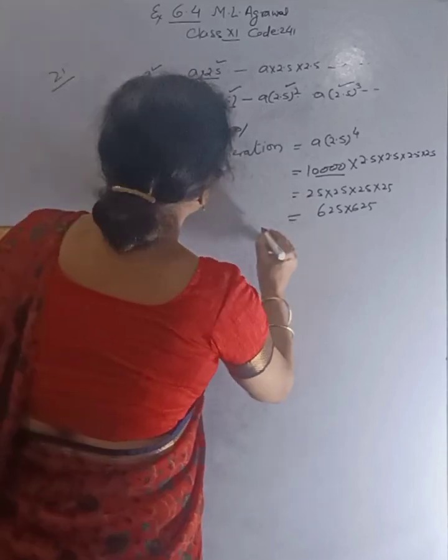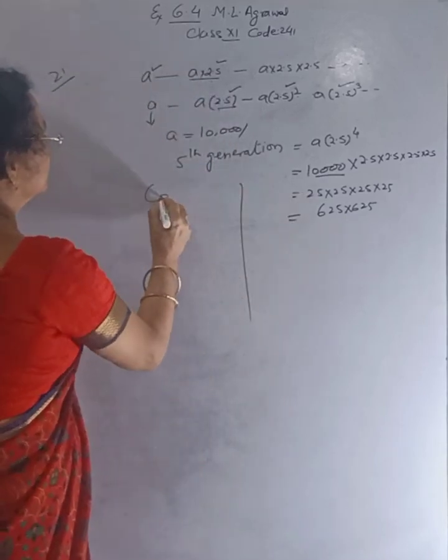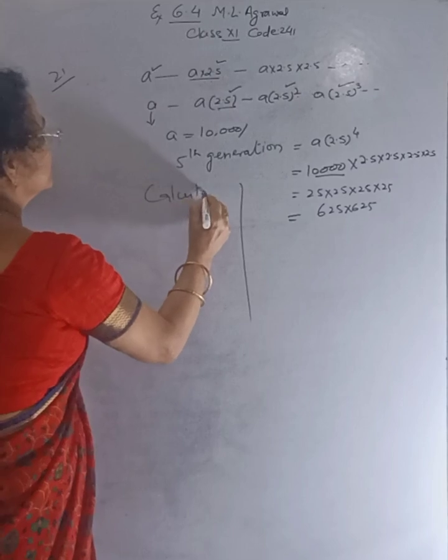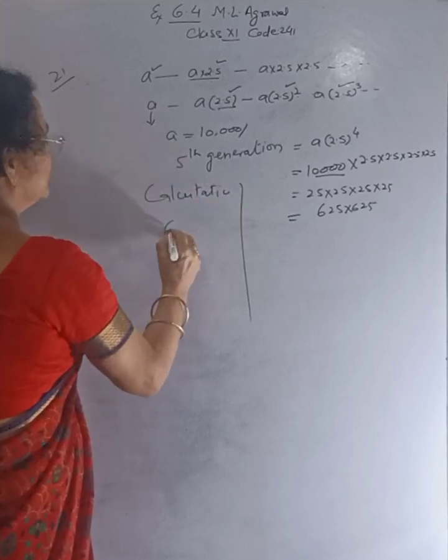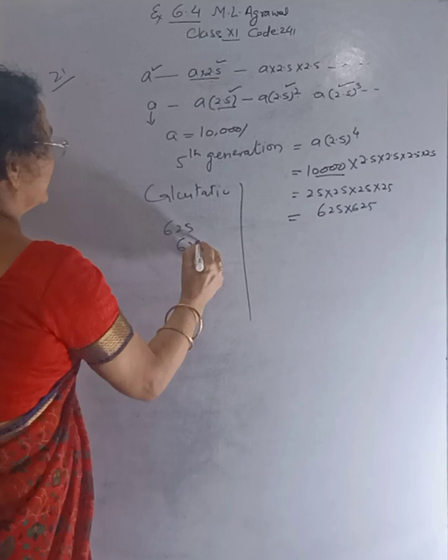We can obtain it here by calculations. 625 into 625.